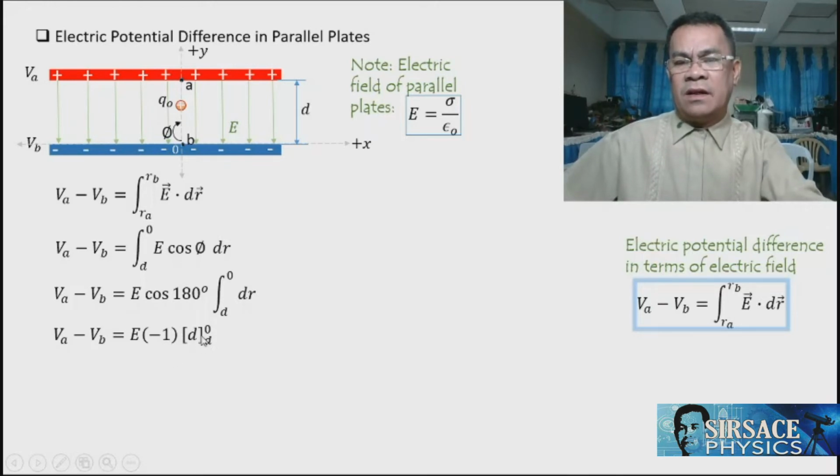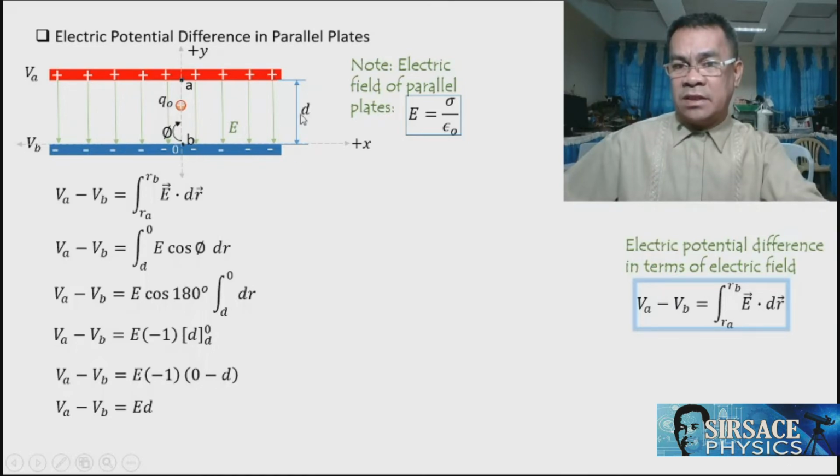Then apply the limit. It should be final minus initial. This will provide negative, 0 minus d. So therefore, negative negative becomes positive. So what is the potential difference from A to B? It is just the product of the electric field times the distance between plates.